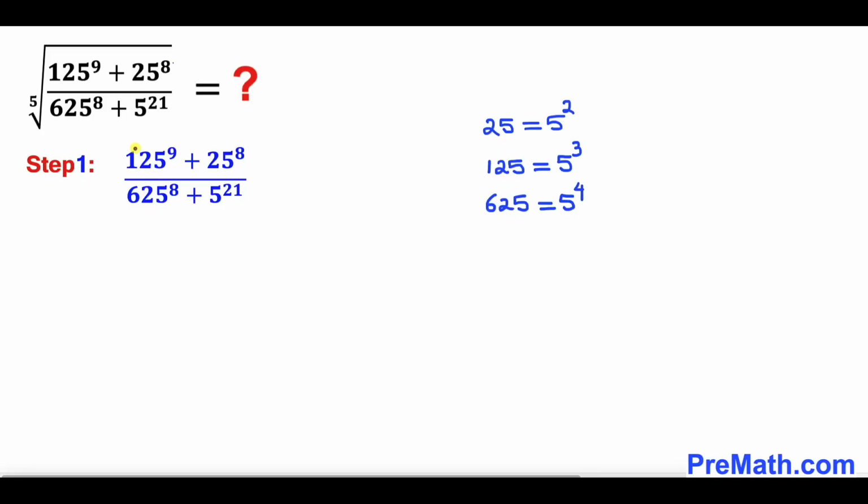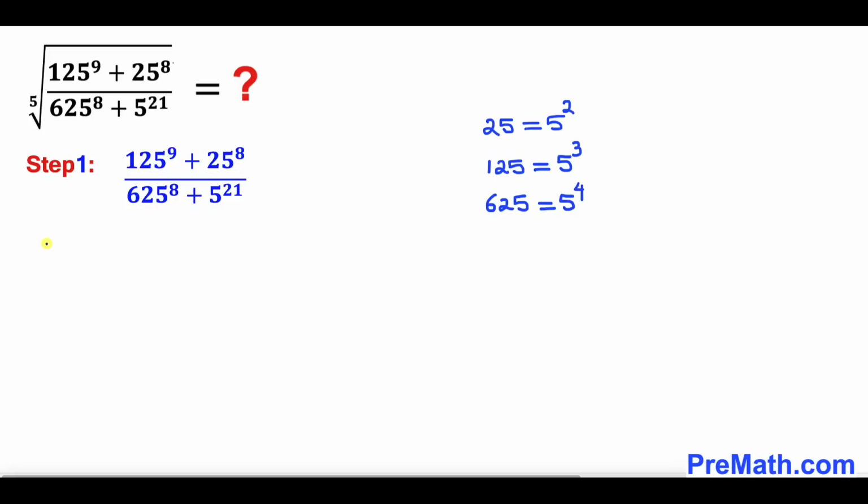Now we can see 125 could be written as 5 power 3, 25 could be written as 5 power 2, and 625 could be written as 5 power 4.